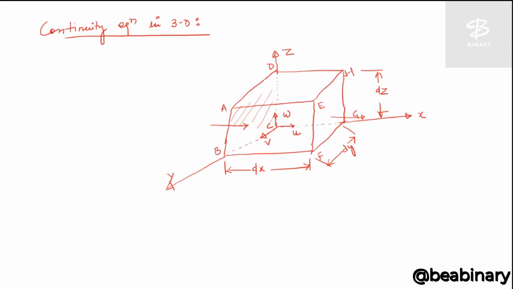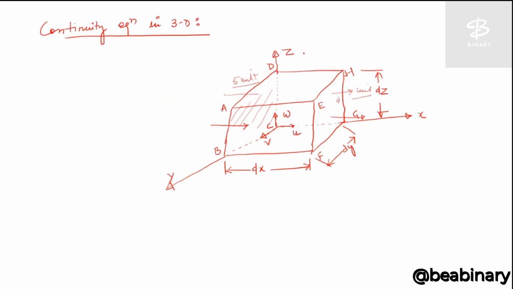If I am calculating the net gain in mass in this element, suppose 5 units enter through this face and 4 units leave this element. What is the net gain in mass? We just do 5 minus 4.